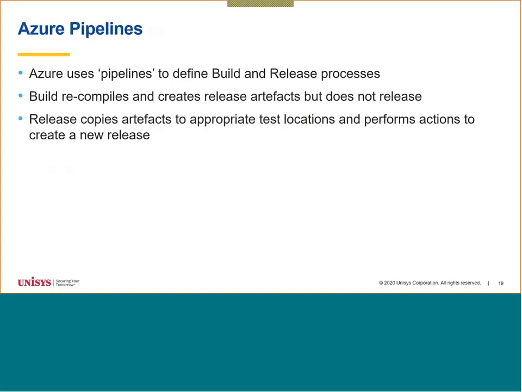So there are two different types of pipelines. There's a build and a release process. They are somewhat overlapping. In theory, you can use your build pipeline to build and perform the release, but the ideal way is to have a build pipeline which builds your system and only builds it, and a release pipeline which releases it and only releases it.